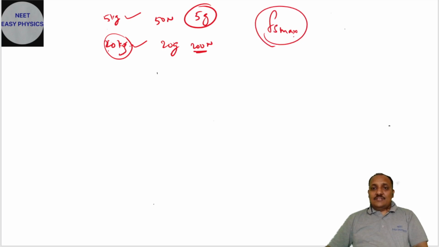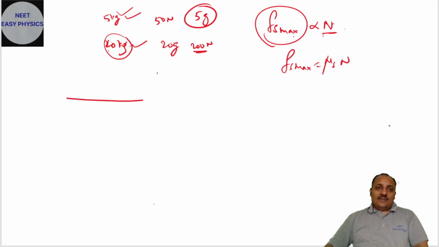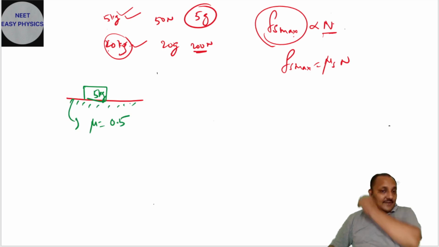So this Fs maximum depends on up to what maximum value the object will not move. That is going to be N. So Fs maximum is equal to mu s N. Suppose you are taking an object of mass 5 kg on a rough surface which has coefficient of friction 0.5.